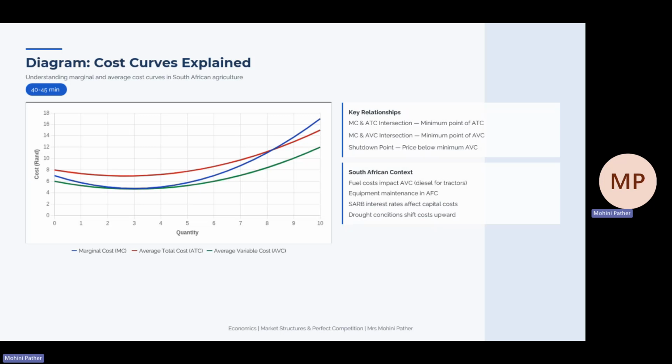When your marginal cost equals your average variable cost at that intersection, that is where your blue line equals your green line here at quantity 3 and a cost of about 5. That is where you've hit your minimum point of average variable cost. Your shutdown point is where your price is below your average variable cost.